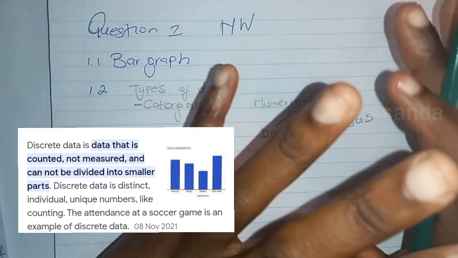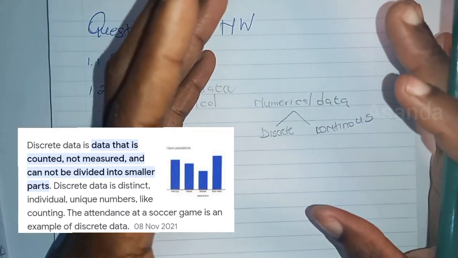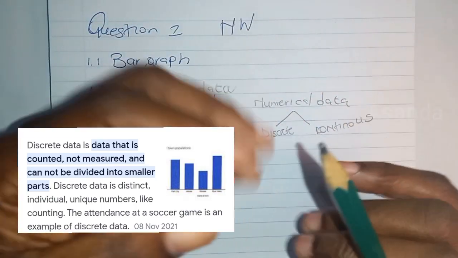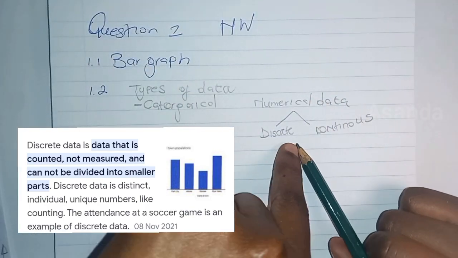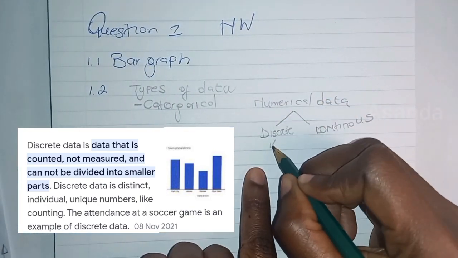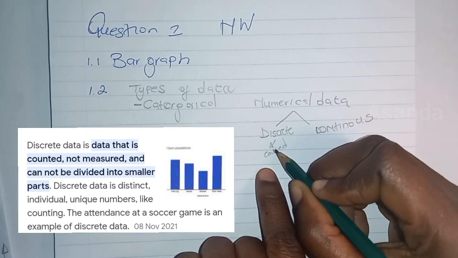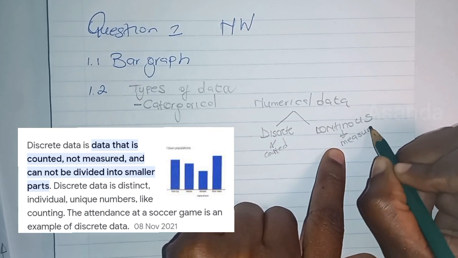So like measurements of height, measurements of length, and then we have things that can be counted, the number of books on a shelf, right? And then so discrete data deals with all the counted, and continuous data deals with all the measured.